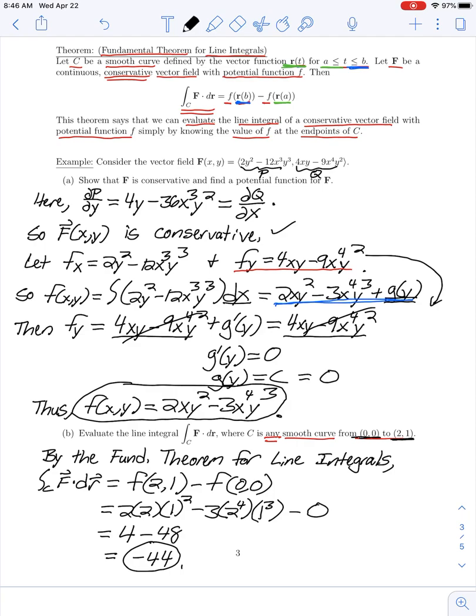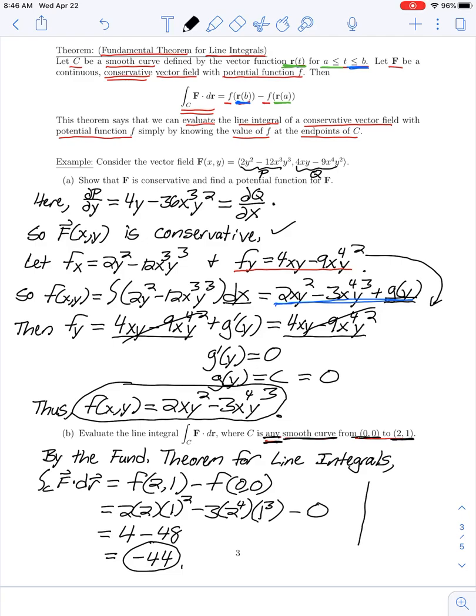Now notice one thing that's being implied here by the fundamental theorem for line integrals is that it doesn't matter what the curve looks like that connects our endpoints. So here in part B, we were told that this is going to be the value for any smooth curve which connects 0, 0 to the point 2, 1.